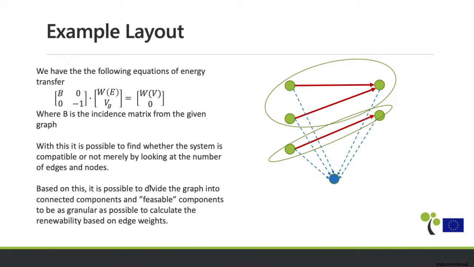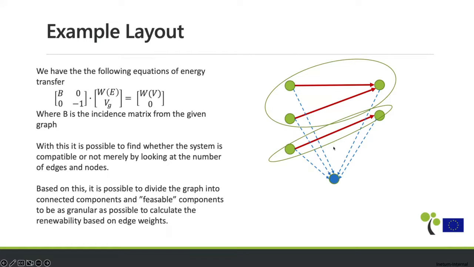Now, there are some cases in which the system could be feasible, which is to separate the graph into what we call feasible components. The idea of this is to have as much specific information as possible on how the energy is shared between all the systems, based on the connectivity between the assets. So you can see here, for instance, that this is usually a bipartite graph, meaning that you have two big components which are connected one to the other.